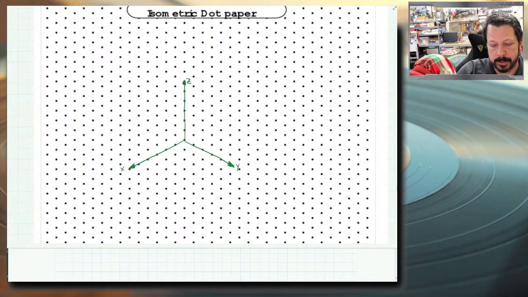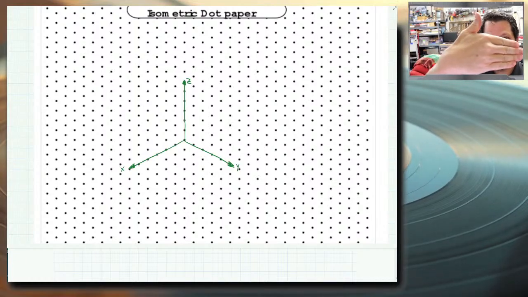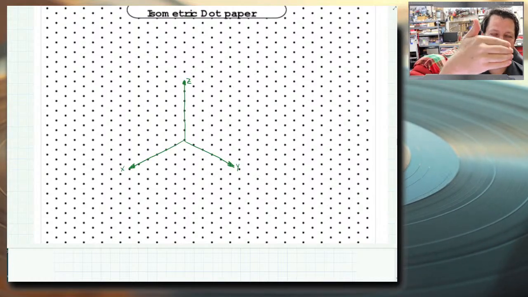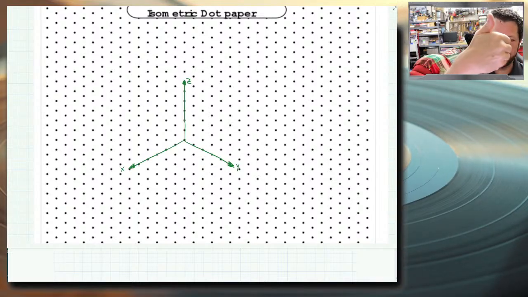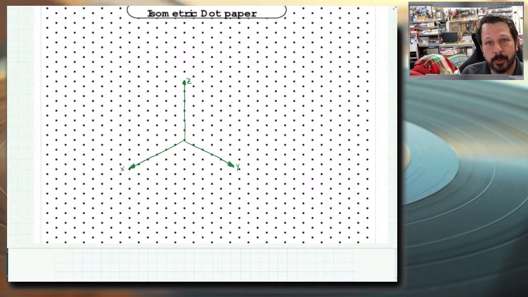On our screen, X is kind of this way and Y curls around this way. And what that does is it makes the thumb point upwards. The direction that the thumb points is your positive Z direction.